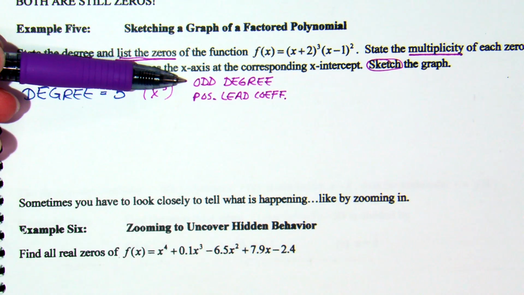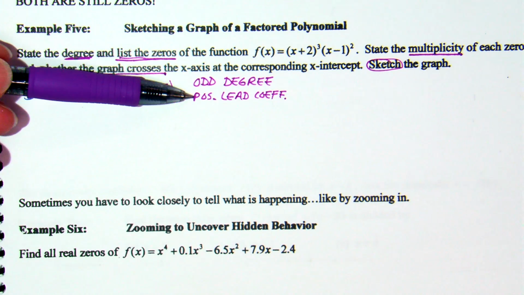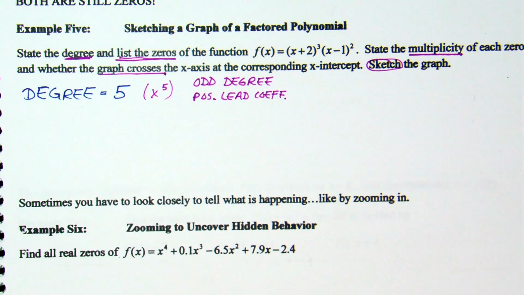Now, since it's positive, I do disagree. So it's down, up. Since it's positive, that means it starts low, kind of think like an x to the third, and ends high. And what does a positive x to the third look like? It starts low and ends high, right? So that right there, because it's x to the fifth, is what the shape of this graph looks like.